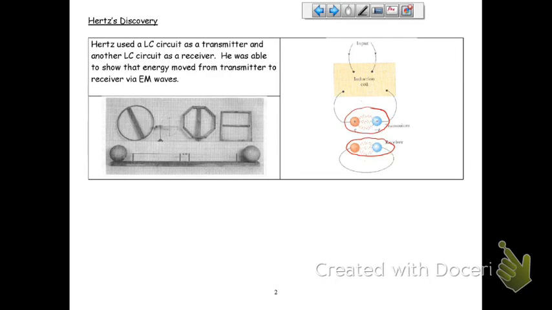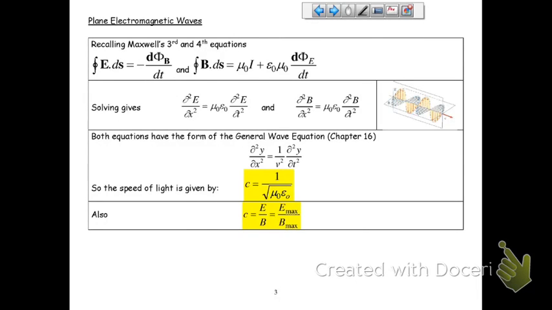So Hertz used an LC circuit as a transmitter and another LC circuit as a receiver. He was able to show that energy moved from the transmitter to the receiver via electromagnetic waves. And the idea is that an alternating electrical field induces an alternating magnetic field, and an alternating magnetic field induces an alternating electrical field.